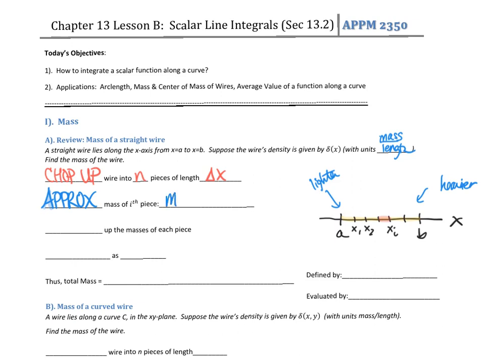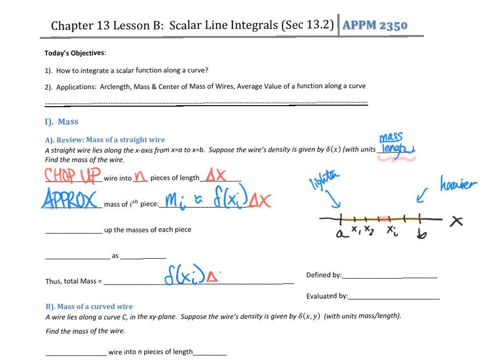The mass of this ith piece is going to be approximately equal to the density at that point, in this case, now times delta x. Because of my units, you can see that this is times delta x because my units of density were mass per unit length. Okay, so let's put this down below because we're going to need this. And that would give us the mass of just that ith piece.